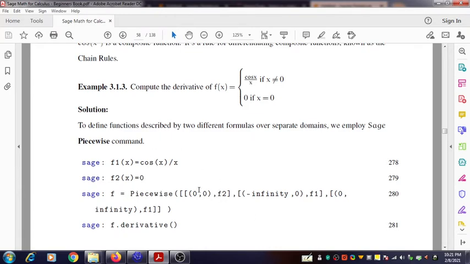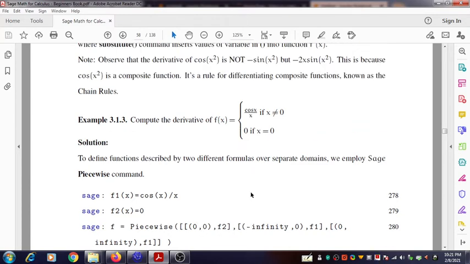So corresponding to this interval, we have f2, and in the remaining part we have two cases. In the first case, the range of x is from minus infinity up to 0, and in that open interval you have to consider the function f1.